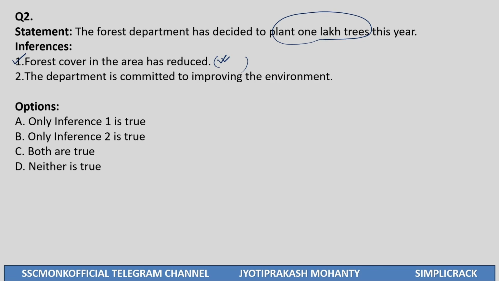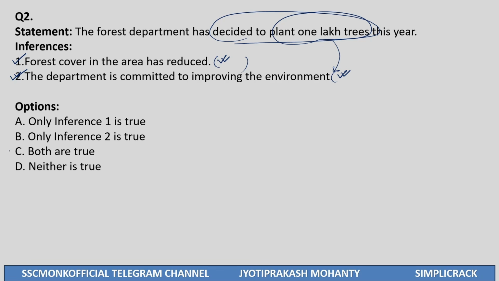Now the second inference, the department is committed to improving the environment. See, as the department is deciding to plant 1 lakh trees, and 1 lakh trees will improve the environment, so this is logically driven and it is not extreme, and it is also the right possibility. That means option 2 or inference 2 is also true in case of this statement.